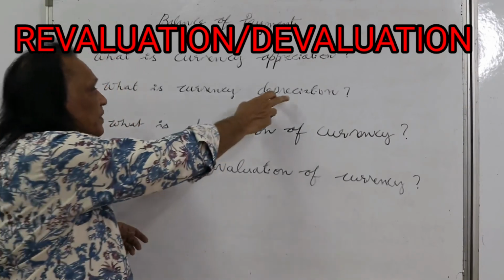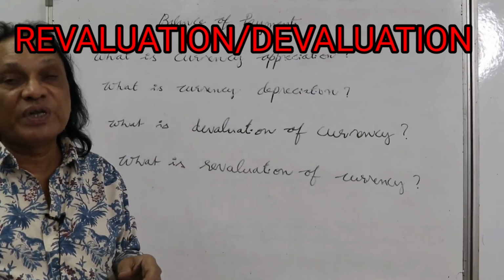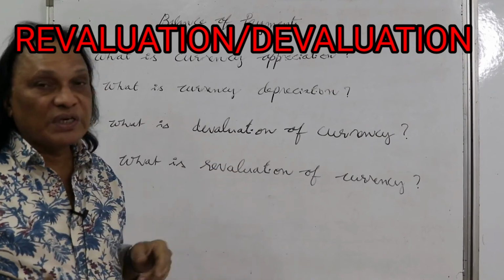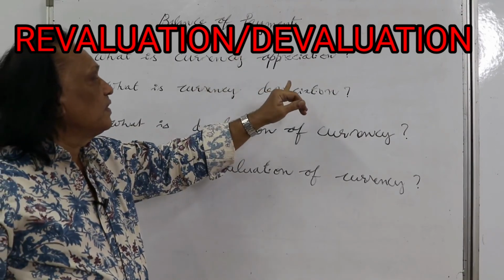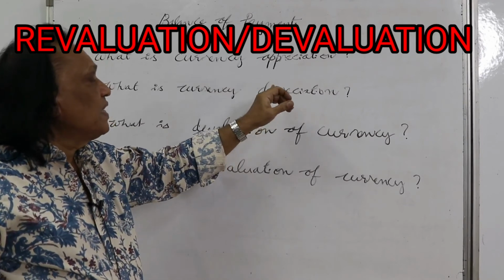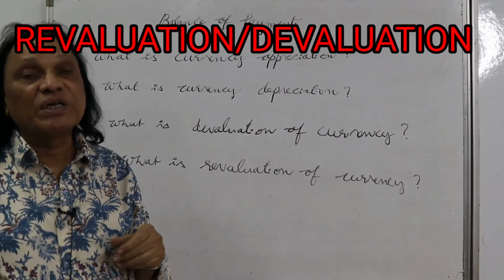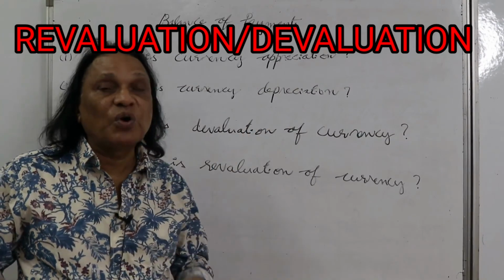The same way, depreciation is used under flexible or floating exchange rate system, and devaluation is used under fixed exchange rate system. In the market, by the forces of demand and supply, if the value of our currency in terms of foreign currency comes down, that's called depreciation. So when the currency depreciates, what happens?